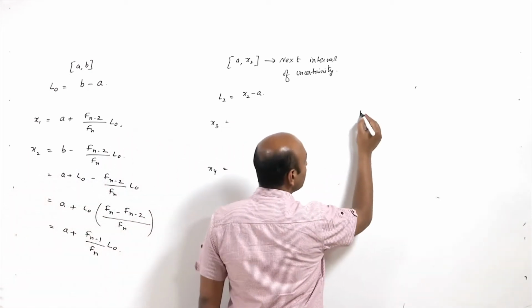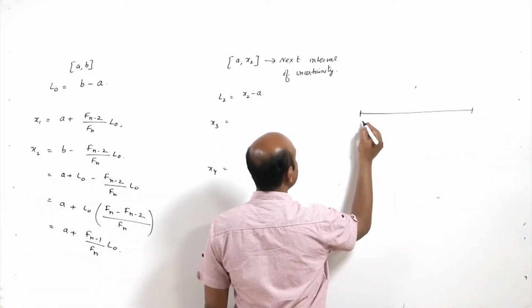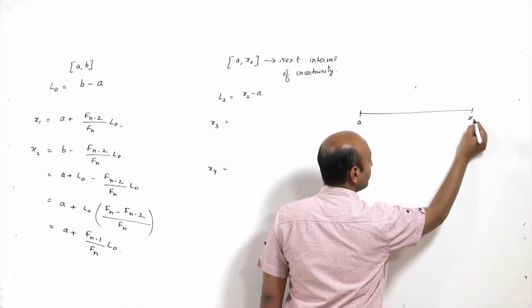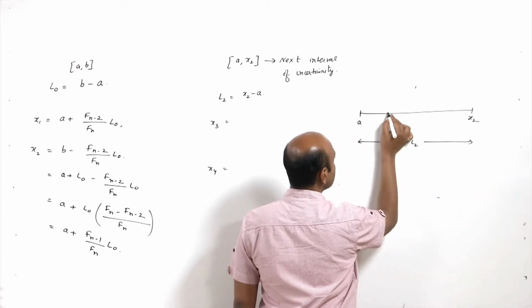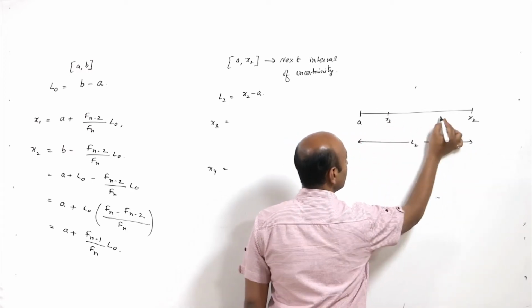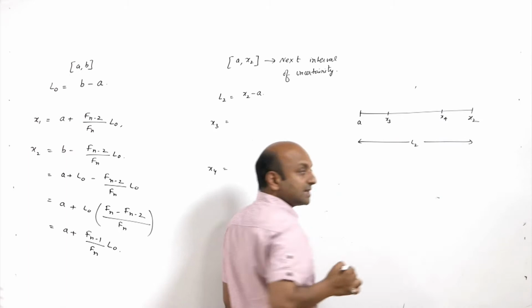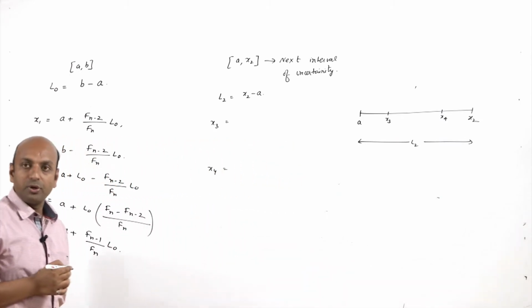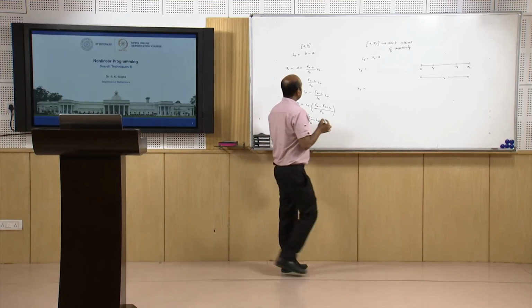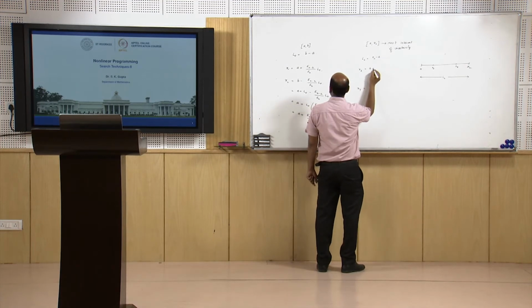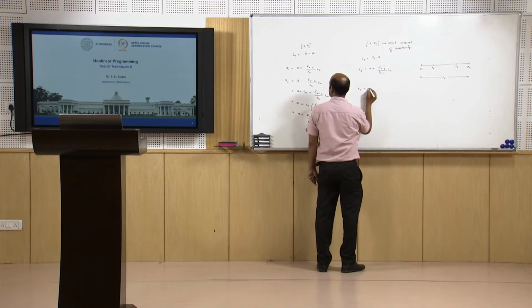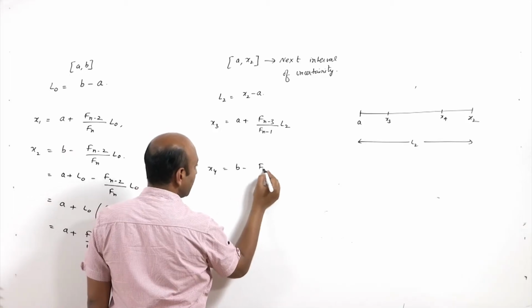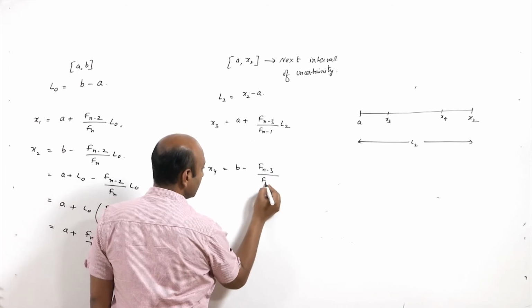Now the length is a to x2 and this length is L2. Now again we find two new experiments, say x3 and x4, such that they are placed symmetrically from the endpoints again. And x3 is equal to a plus Fn minus 3 upon Fn minus 1 into L2, and it is b minus Fn minus 3 upon Fn minus 1 into L2.